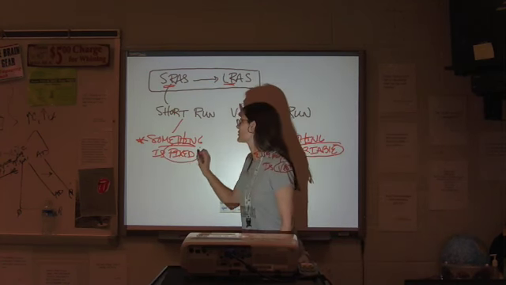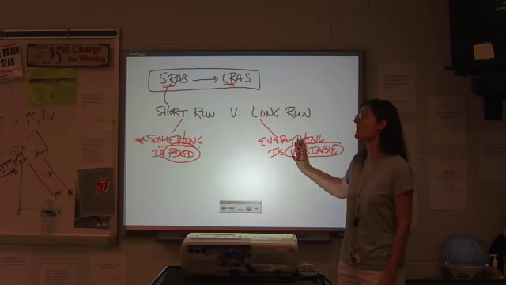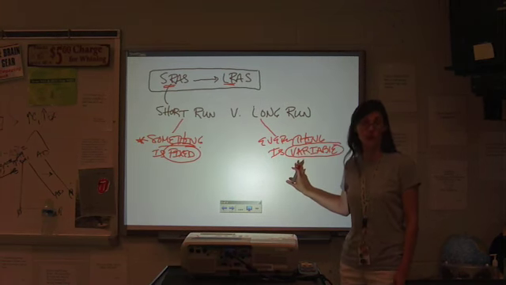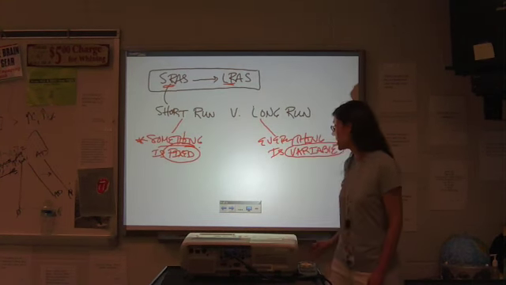Something is fixed in the short run, everything is variable in the long run. It's however long it takes for you to be out from under all of those obligations that you were dealing with in the closer amount of time.